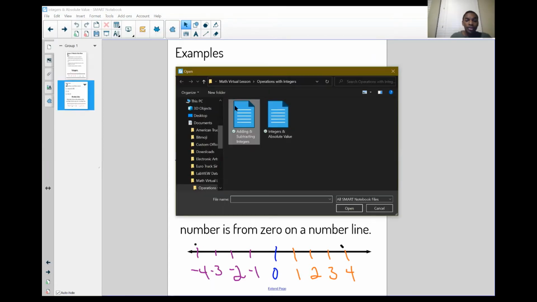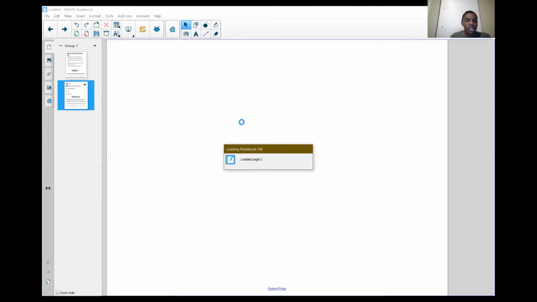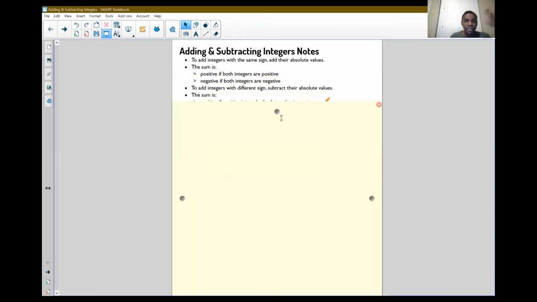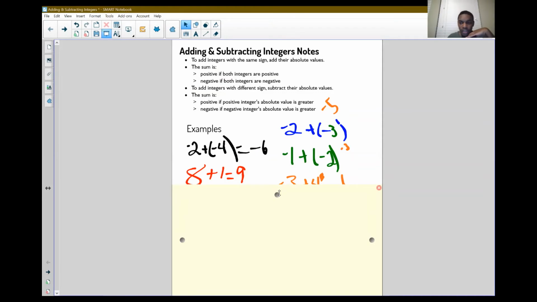So today we're going to talk about adding and subtracting integers. The sum is positive if both integers are positive. Like this example here, of course everybody knows 8 plus 1 equals 9, or 9 plus 5 is 14.